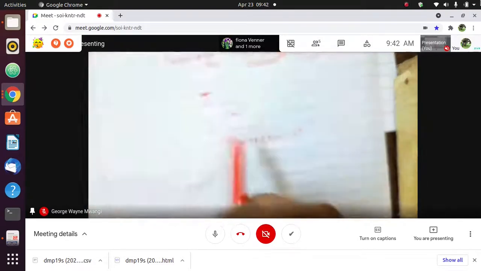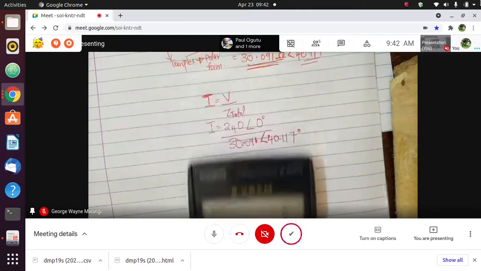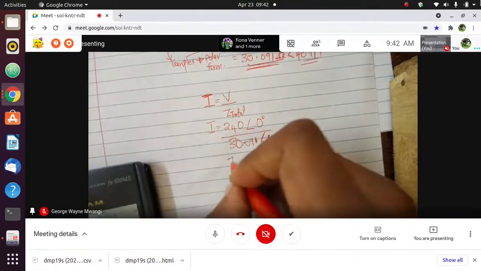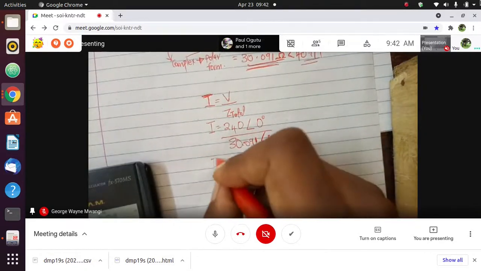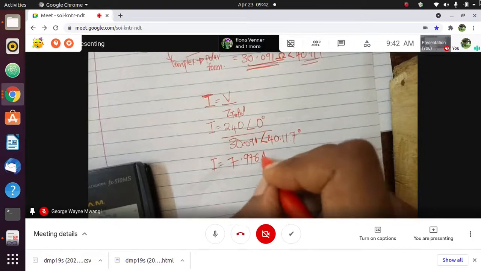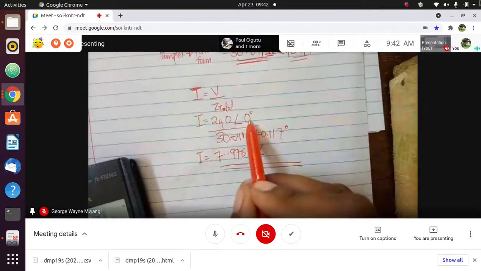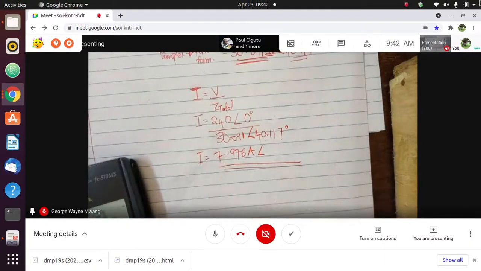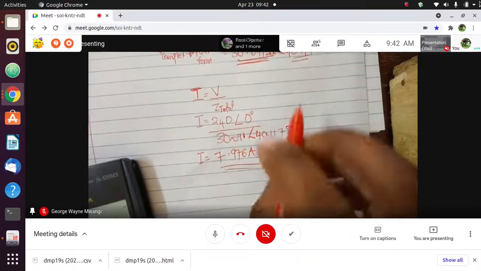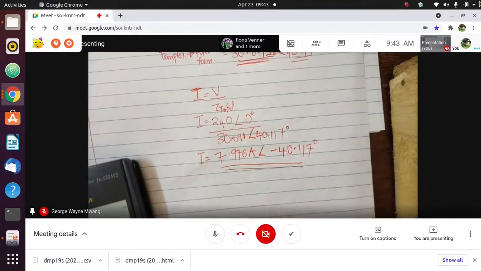So our current will now be 240 divided by 30.091, which is 7.9796 amperes at an angle of 0 minus 40.117, so negative 40.1 degrees.